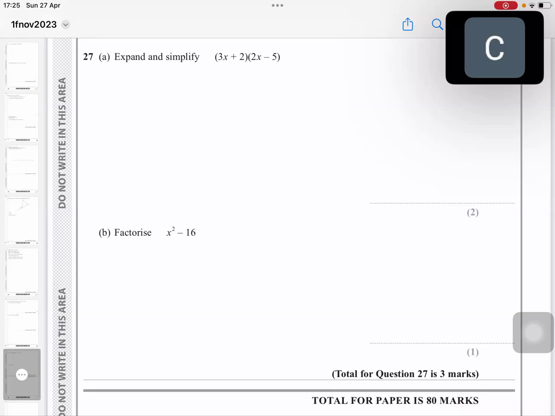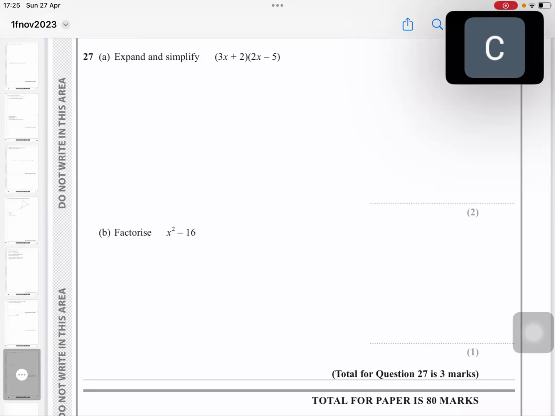Okay. So sorry, Noah, did you get my explanation? The beginning. Okay, let me repeat it again. So I said we'll take from the first bracket, we have 3x plus 2, right?